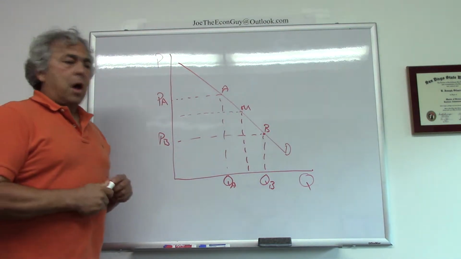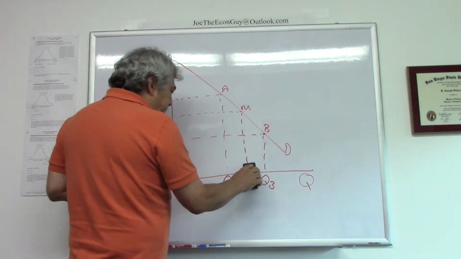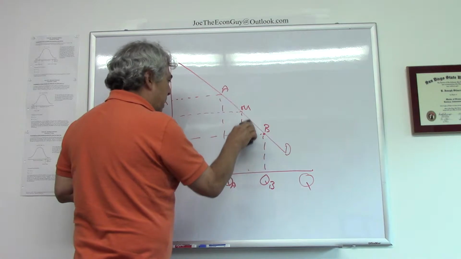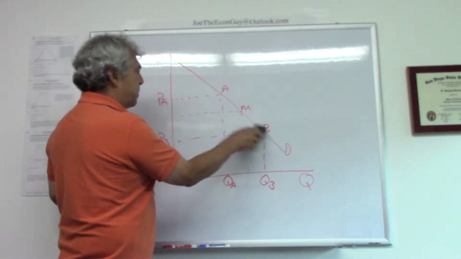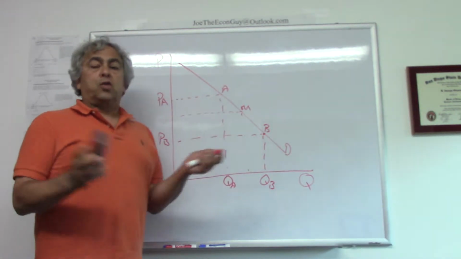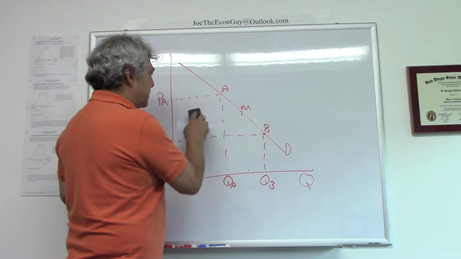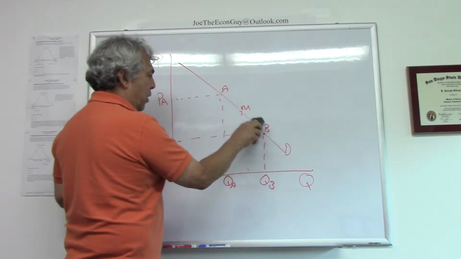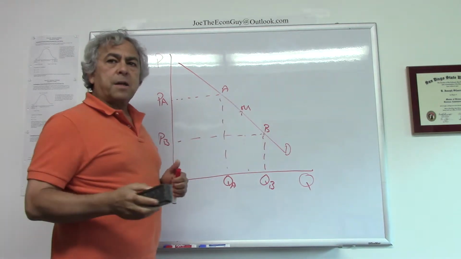A couple reasons. One is, if you don't use the midpoint formula, the calculation that you come up with will depend on whether or not you start at A and go to B, or start at B and go to A. You'll get two different numbers. If you use the midpoint formula, it doesn't matter if you start at point A and go to point B, or start at B and go to point A, you'll get the same number.